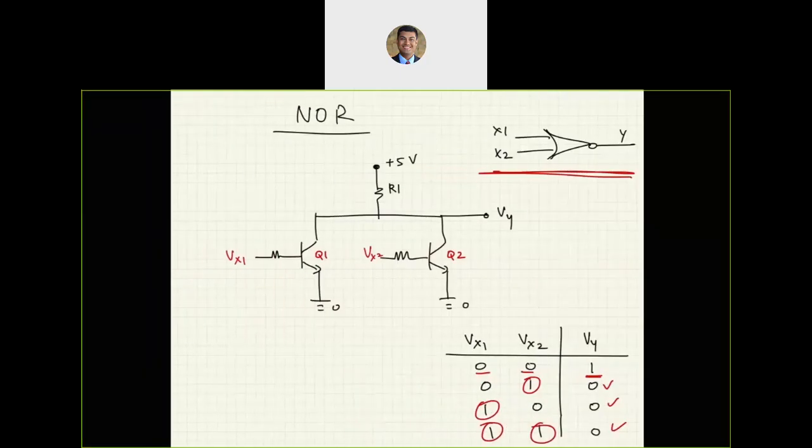So if I wanted to build OR, all I would do is one transistor here, another transistor over here, both with emitters connected to ground.